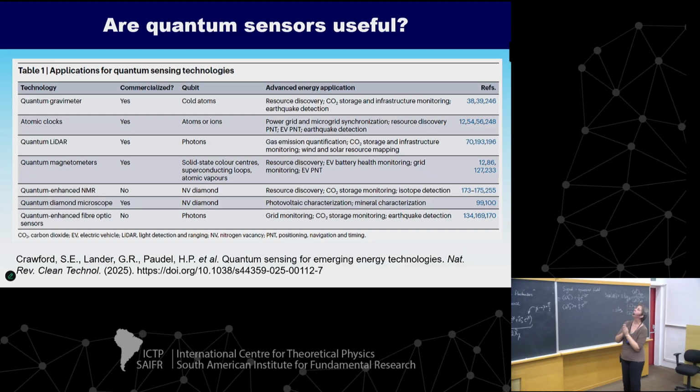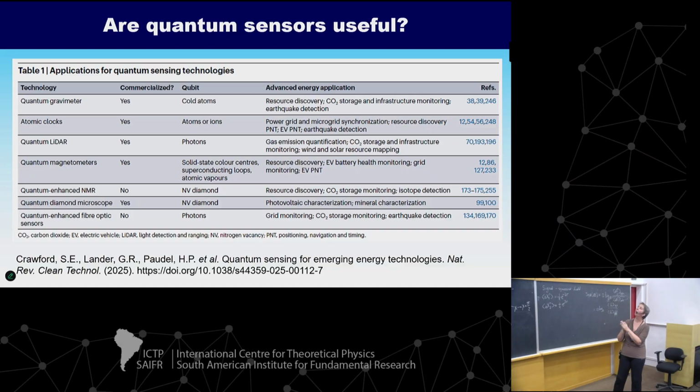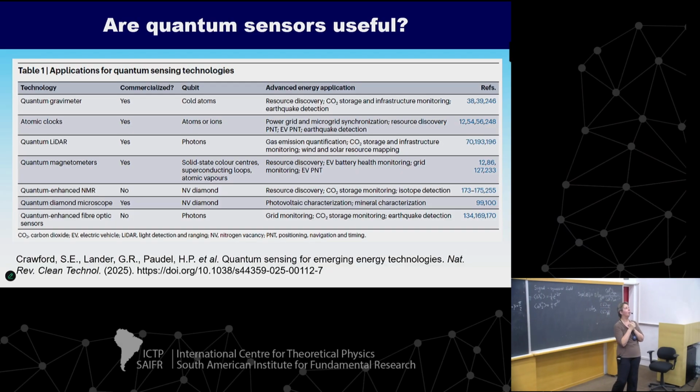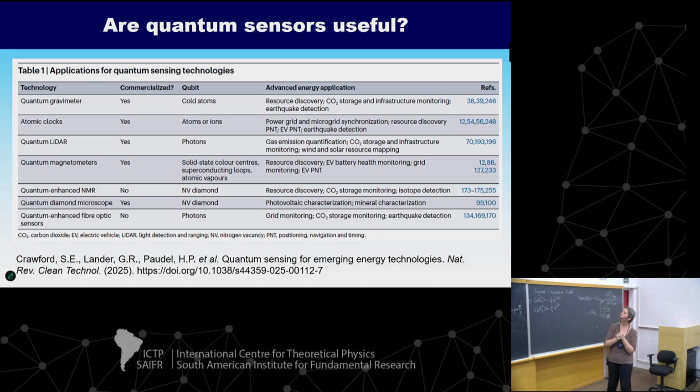However, for quantum sensors, people are actually starting to find practical applications. This review was published literally a couple of days ago, and I did put it in my list of literature. I had to jump through some hoops to get the PDF, so if you want it, email me and I'll send it to you. I'm not quite comfortable putting it online.